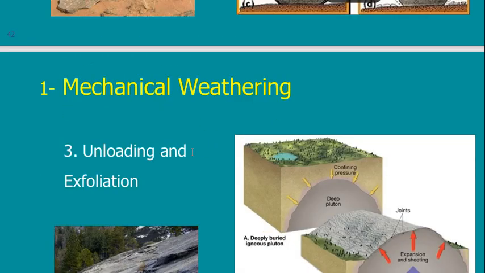Another type of mechanical weathering is unloading and exfoliation. This is the normal shape. I have magma inside stored at this location, but due to the effect of weathering, the sedimented soil on top is eroded and ends up having something like this.